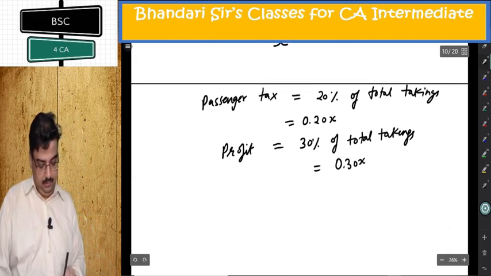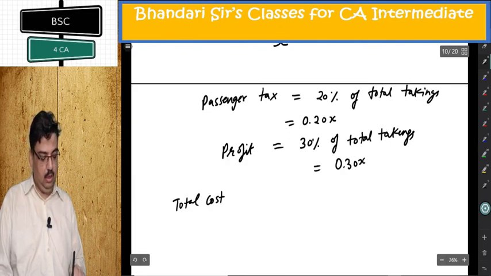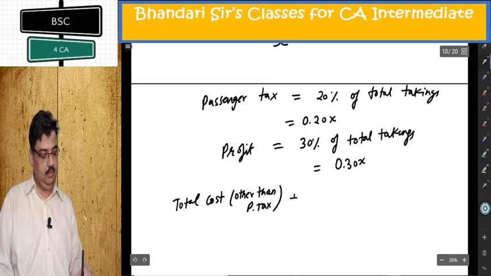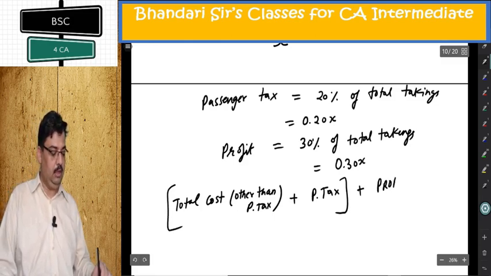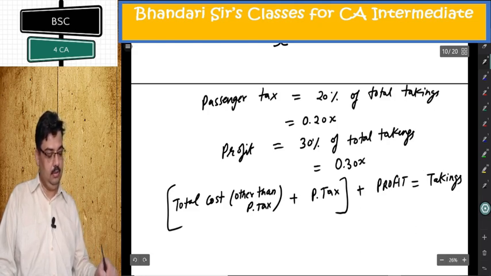Now old equation. Total cost other than passenger tax plus passenger tax, this will become total cost, plus profit is equal to takings.